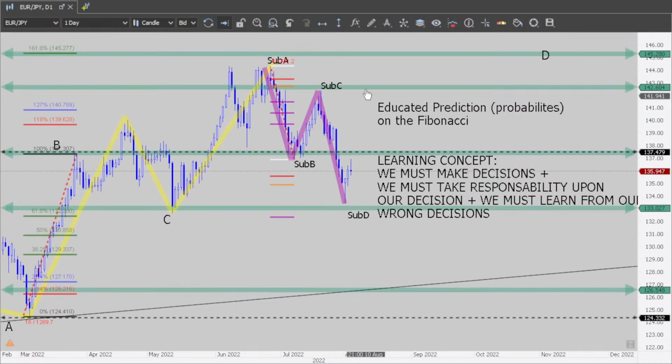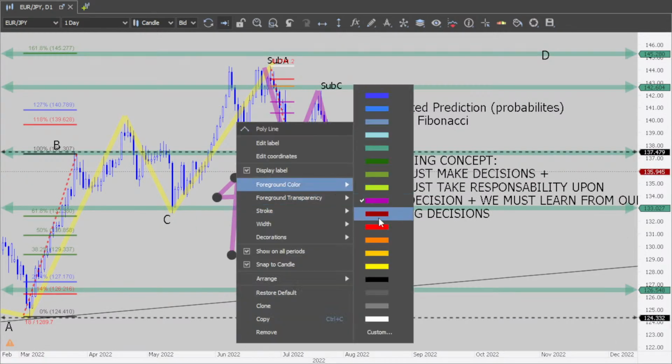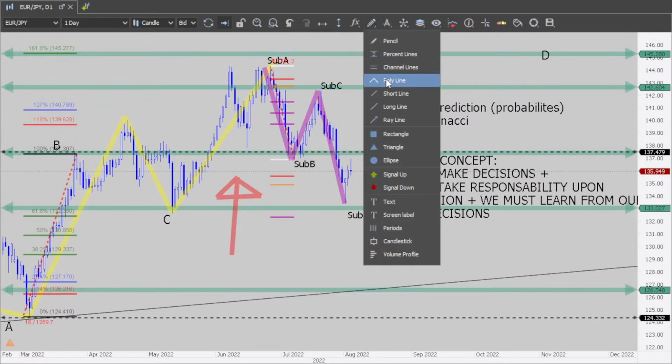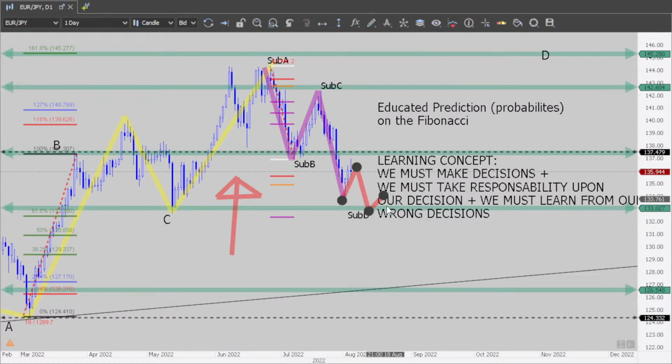It's not subject to interpretation. If I say buy next week or go long, just an example, and then the market on Friday, next Friday, not tomorrow, but next Friday, the market is like this, then I must take responsibility and accept, alright, I was wrong.